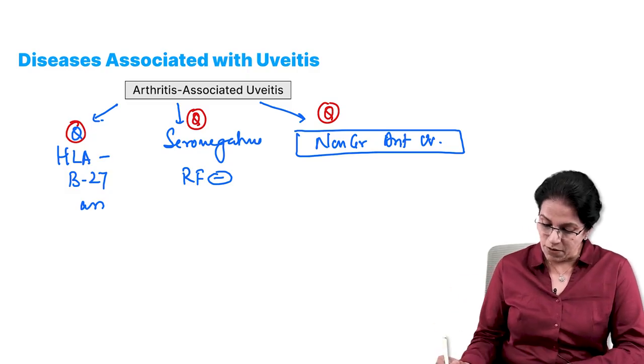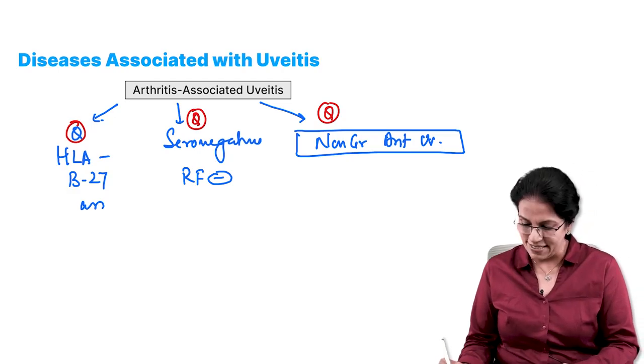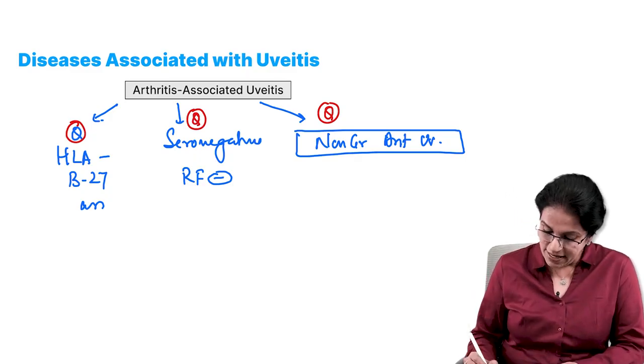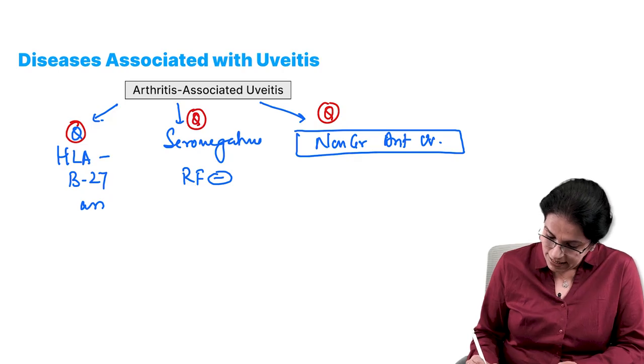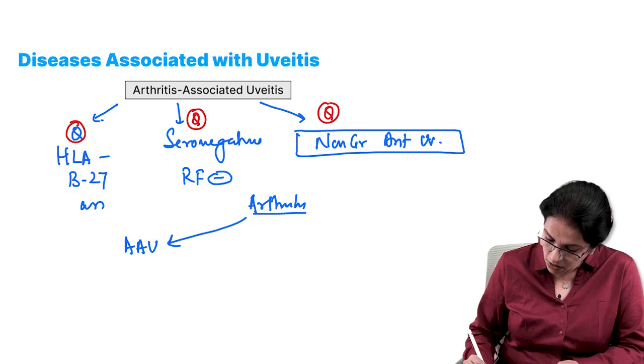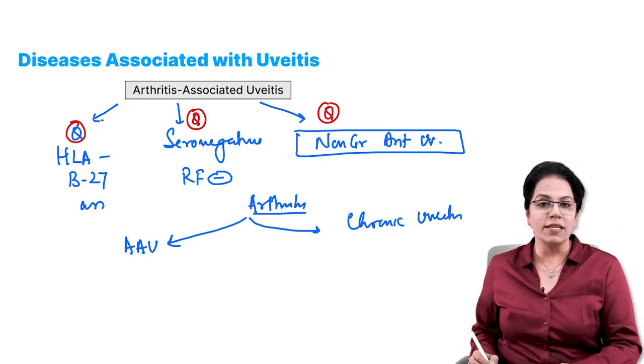Now, once we know these points, what are the different arthritis? We can learn it as this arthritis can either be presenting with acute anterior uveitis or it can be presenting with chronic uveitis. Which condition has a chronic uveitis?